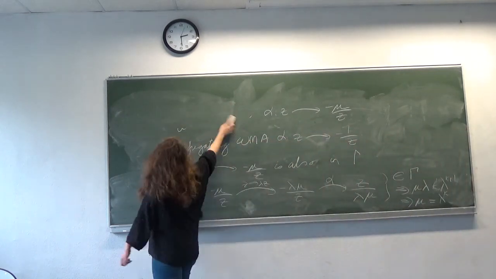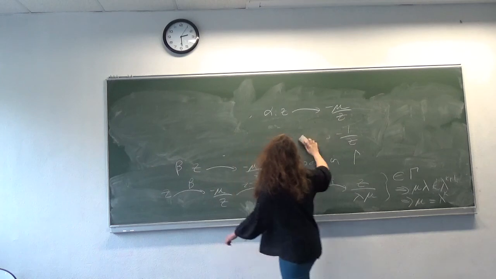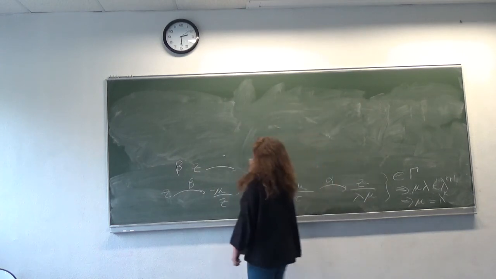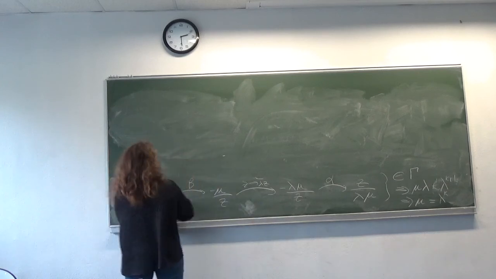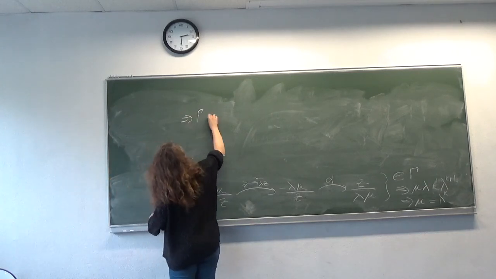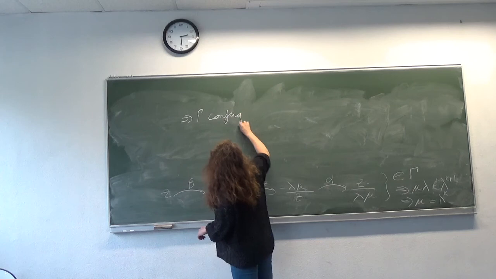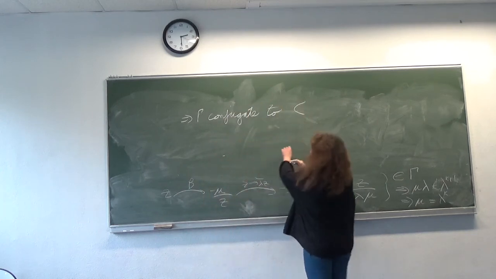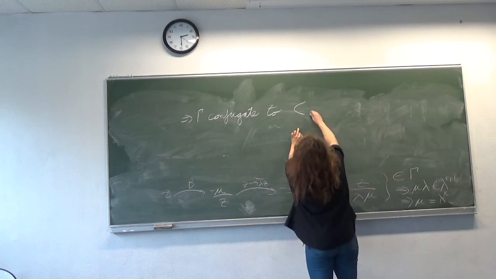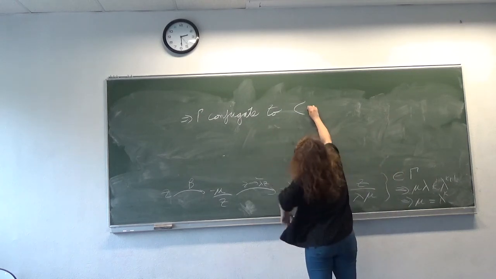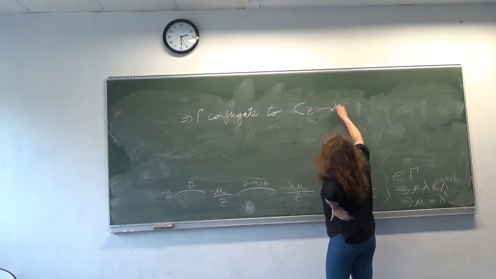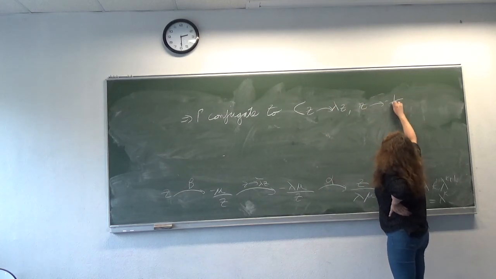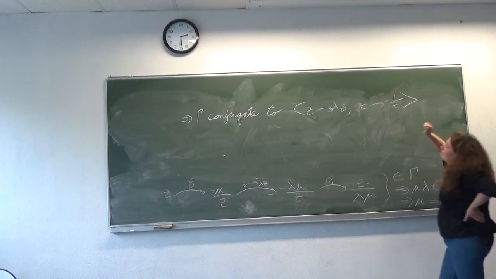So what I get at the end is that gamma is conjugate to the group generated by z goes to lambda z and z goes to minus 1 upon z.